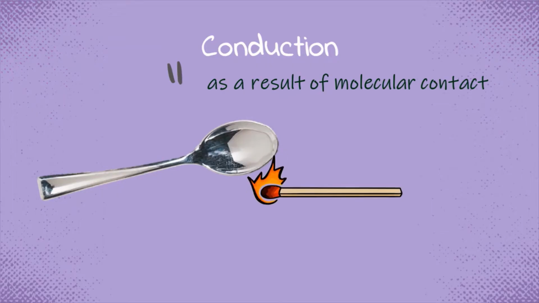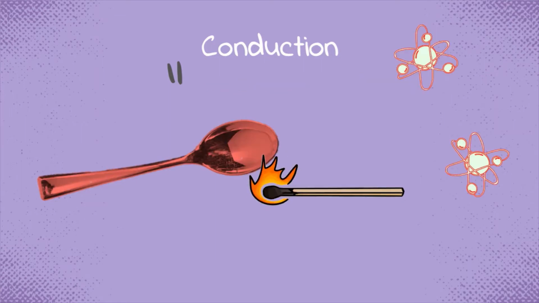Conduction: heat transfer as a result of molecular contact. For example, a metallic spoon, and imagine holding a match underneath the spoon. Now what we know is that the spoon is going to heat up, and not just the part of the spoon that is over the match, but the spoon as a whole, and the reason this happens is because of conduction.